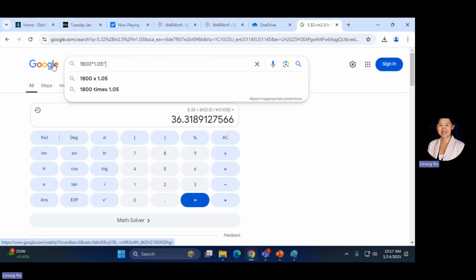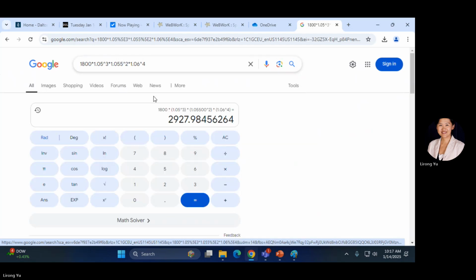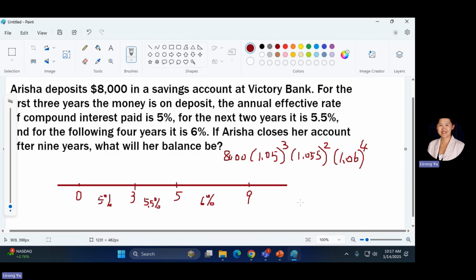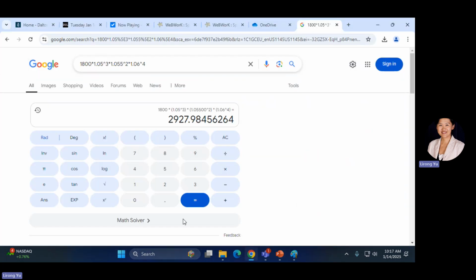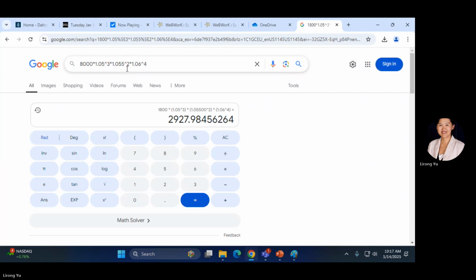And this, we have the textbook, 8,000 times 1.05 to the power 3, and then 1.055 to the power 2, and then 1.06 to the power 4. So I have a total, let's see... 8,000. Okay, I was using the wrong principal.